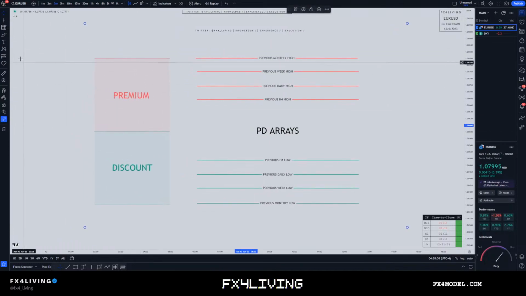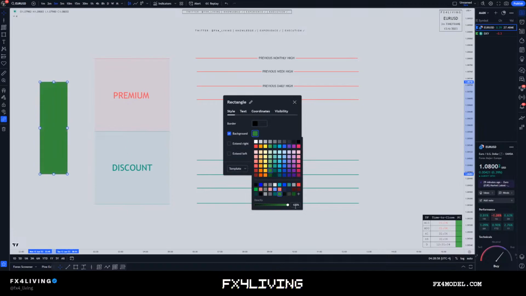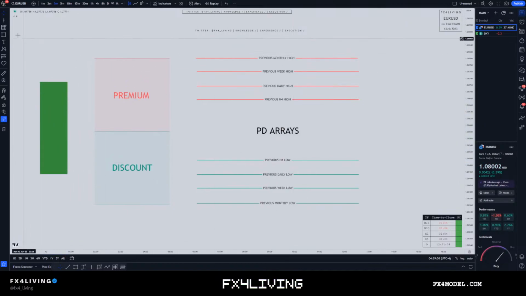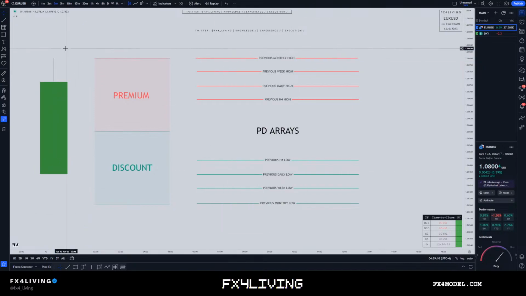Okay, I'm going to give you a concrete example, right? So this is your daily candle, and I'm going to put a wick on it. It's pretty simple, don't worry about that.